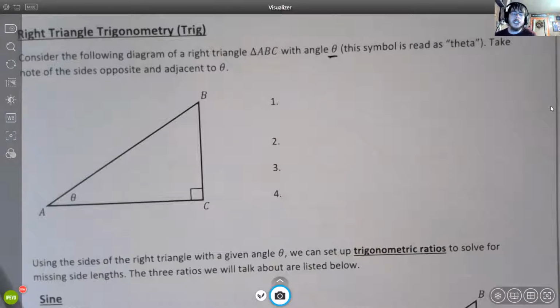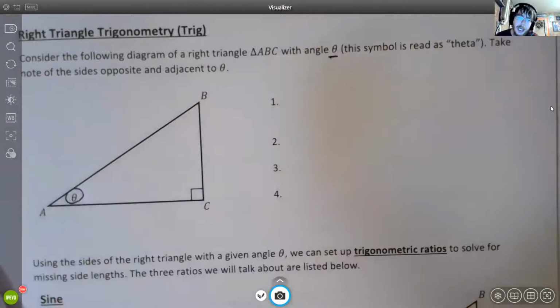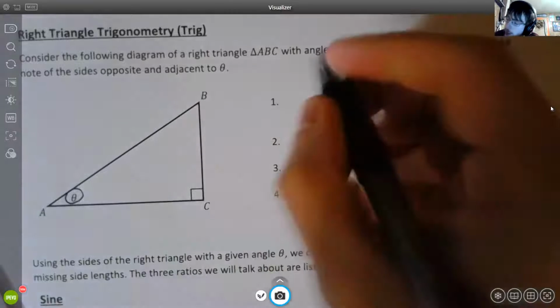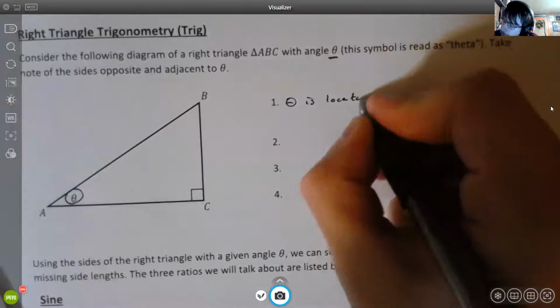So anytime you see that, it's read as theta, and it typically just takes the place of an angle. So what we're going to do is take note of the sides that are opposite and adjacent to theta. Well, first we have to figure out where theta is. And in our diagram, we see that theta is located at angle A.